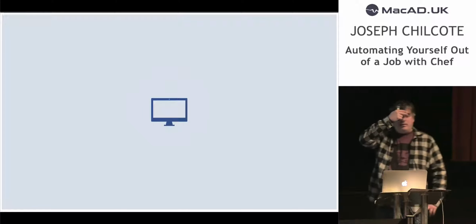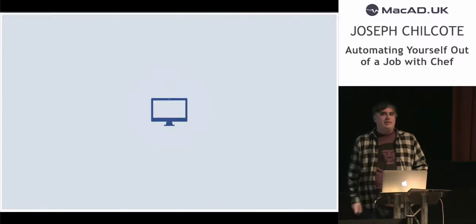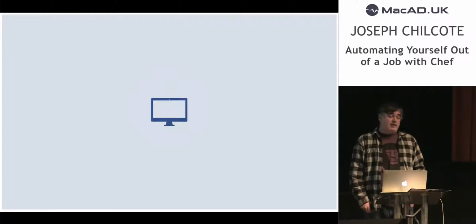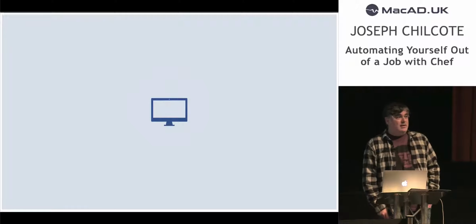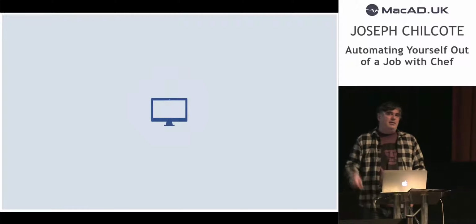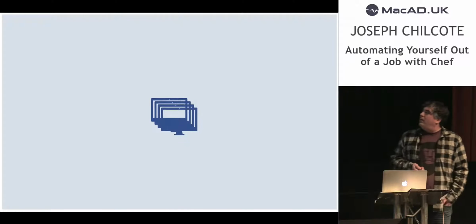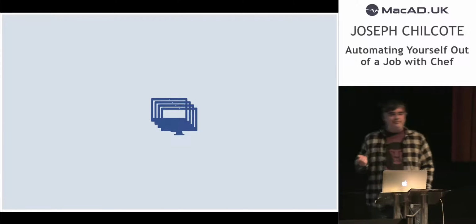So what do you think would happen if you tried to apply a preference in a configuration profile that manages a preference domain that also exists in another configuration profile? Anyone? I actually don't know. I assume your computer just blows up. I don't think anything good would happen.